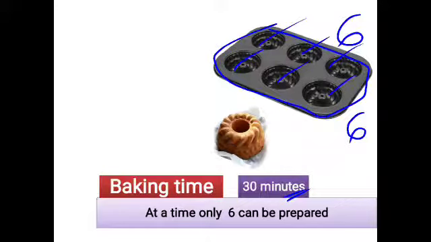Then in the second round of 30 minutes you can have 6. And in the next round, that is the third round, you can again have 6 in 30 minutes. So with this change in time, the amount of cake we can prepare has remained constant. You cannot prepare more than this.